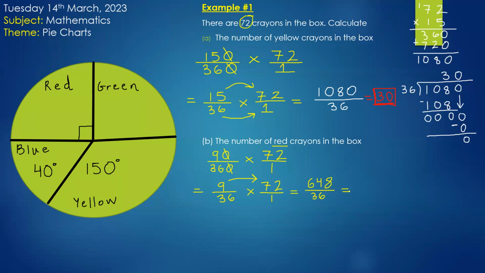That's going to be 648 divided by 36. Let's actually do it. So how many times does 36 go into 648? 36 into 64 goes how many times? Once. 36 times 1 is 36.